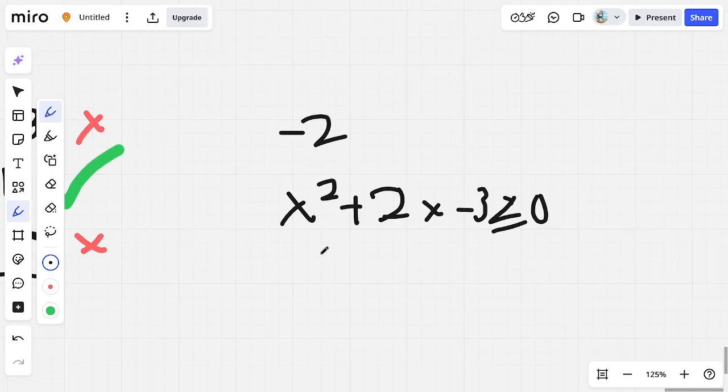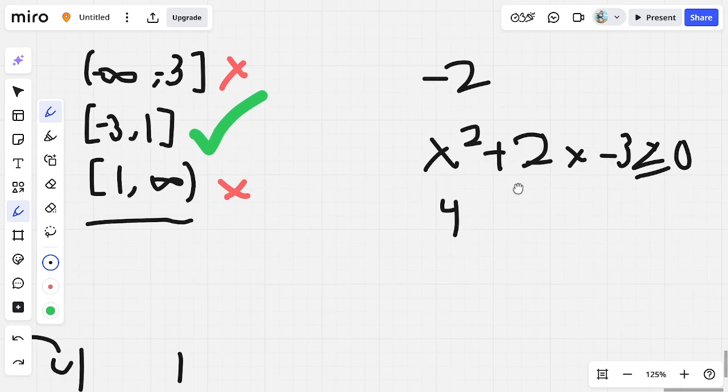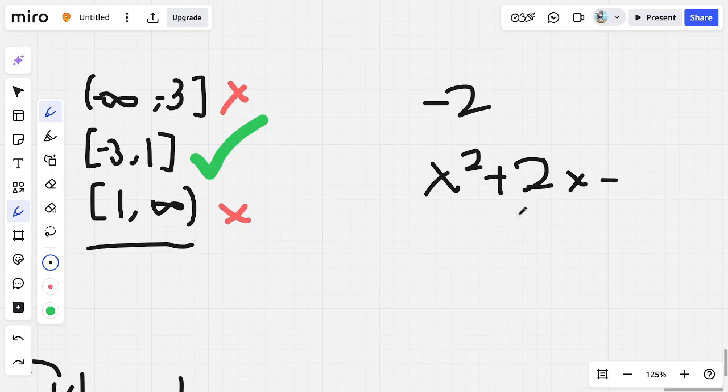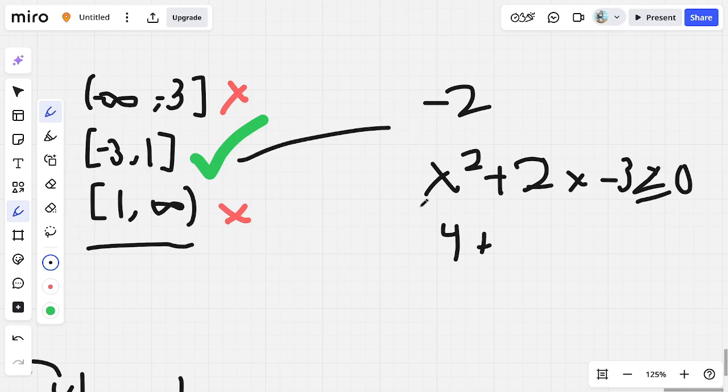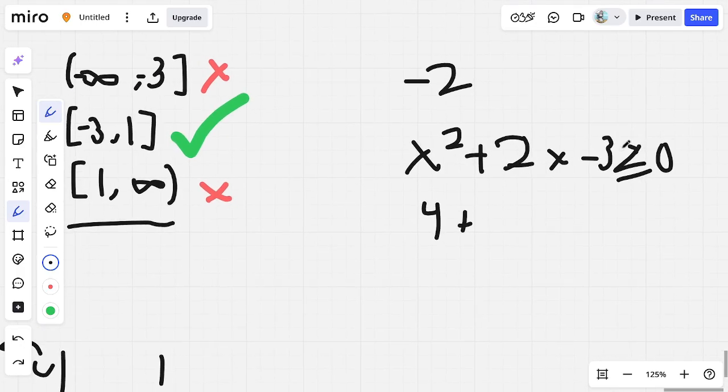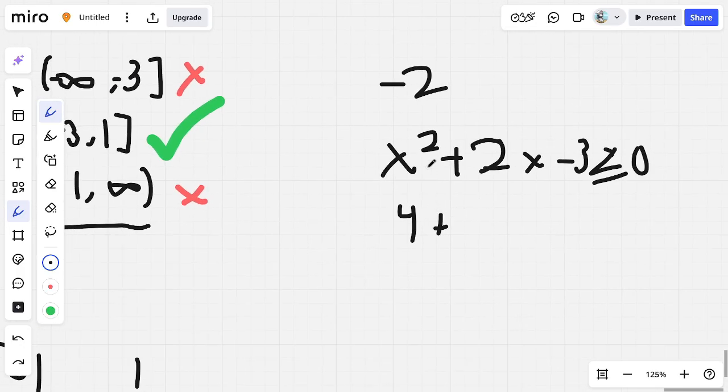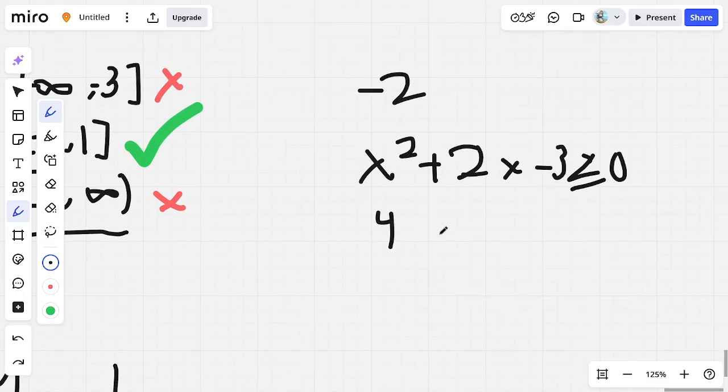So -2 squared is going to be 4 plus 2x, so it's going to be minus 4 minus 3.